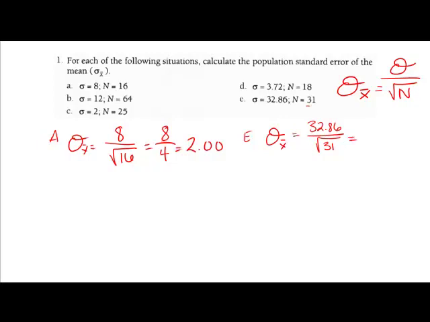Now I'm going to get my calculator out and get the square root of 31, and that equals 5.57. 32.86 divided by 5.57 gives me 5.899, so that's actually 5.90. There we go.